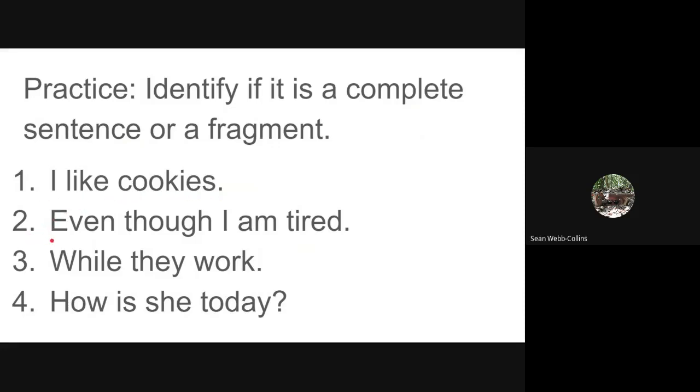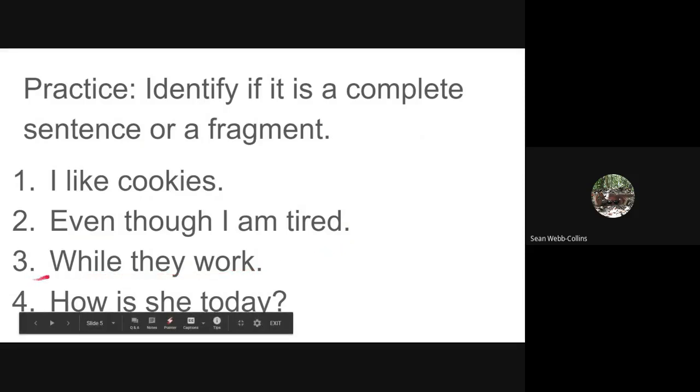Number two, even though I am tired. Number three, while they work. The last one, number four, how is she today?